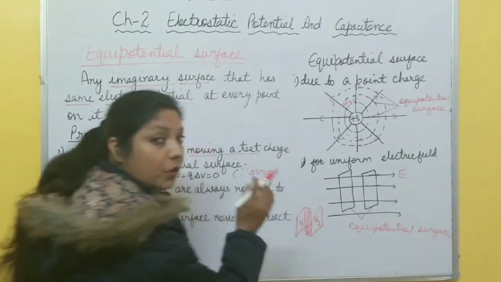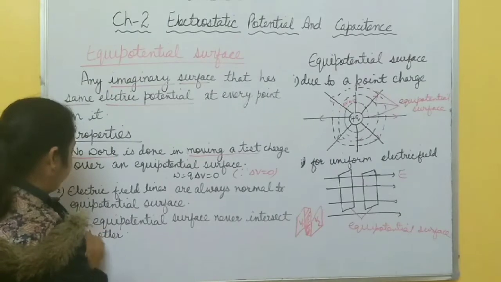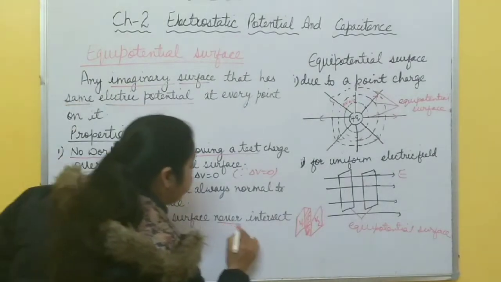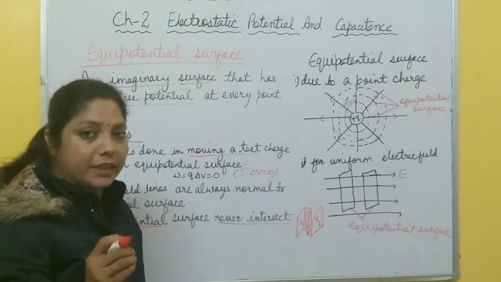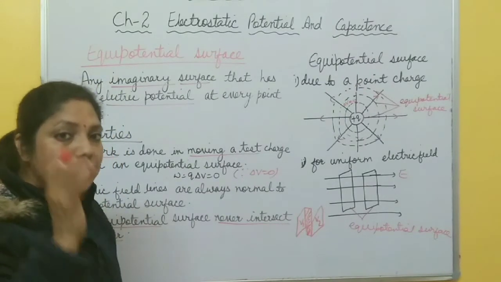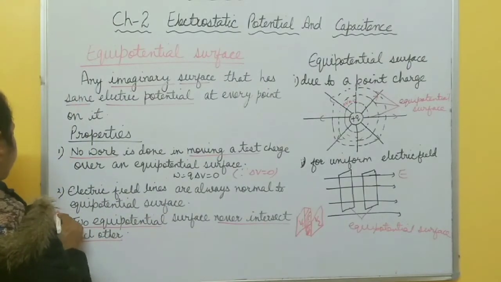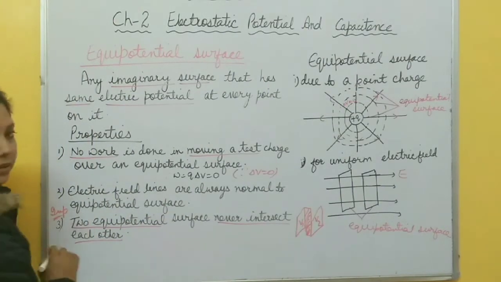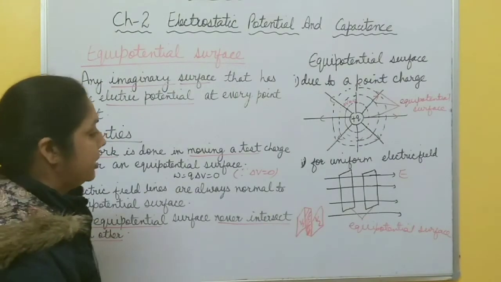At one point only one potential is there. So two equipotential surfaces never intersect, because at the point of intersection there would be two values of potential, which is not possible. This point is also very, very important. It may come in 1 or 2 mark questions: why two equipotential surfaces never intersect each other.